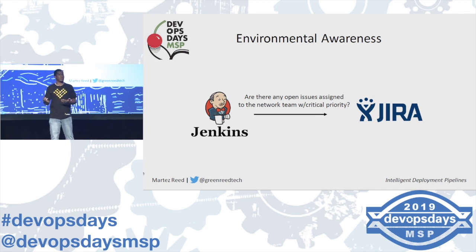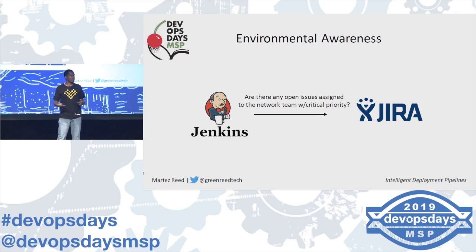Maybe the network team upgraded a Palo Alto network firewall within AWS to a newer version, and now I'm experiencing issues in my production deployment, but I don't have that direct correlation to understand that, hey, they updated something on the Palo Alto firewall, maybe there's a bug there that's causing an issue with traffic coming into my application. Without actually knowing that the network team made that firewall change, I may not have the proper context to troubleshoot that.